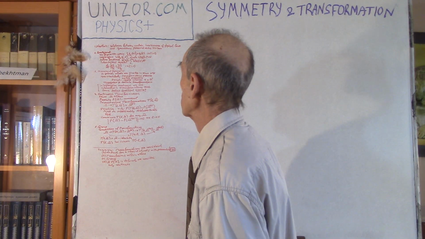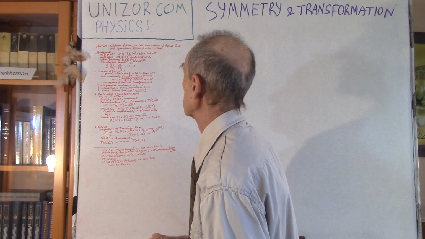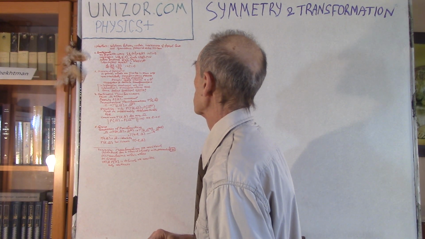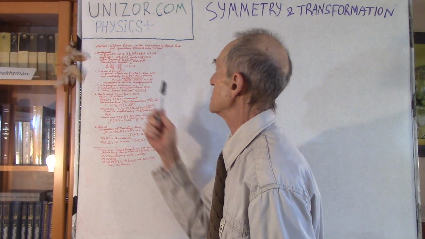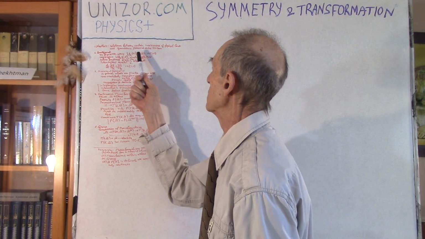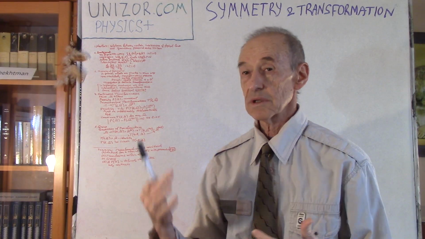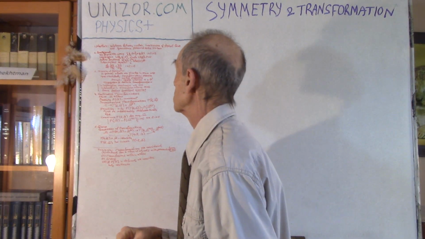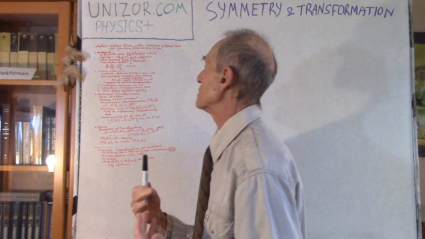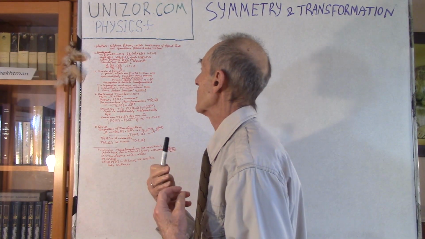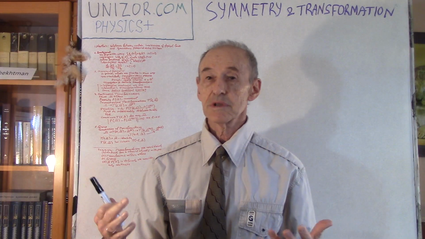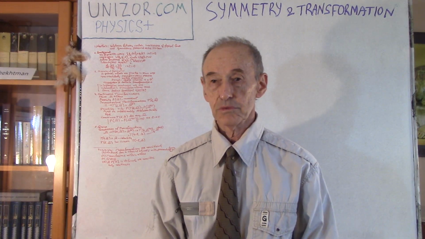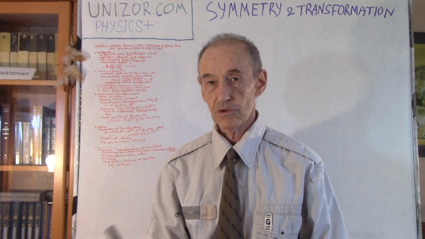So the way it can be stated is that Noether theorem establishes certain relations between invariances of physical laws and certain quantities which are preserved during the motion, like energy or whatever.